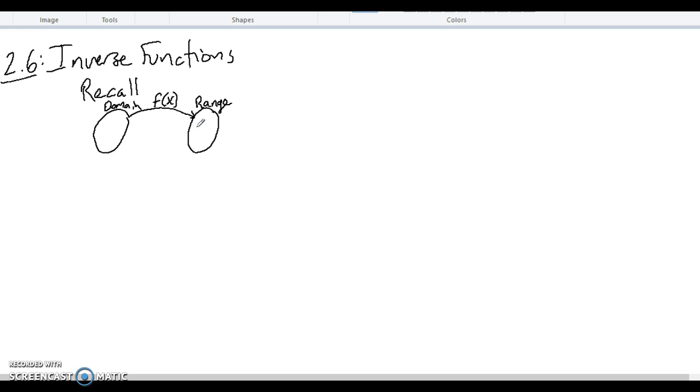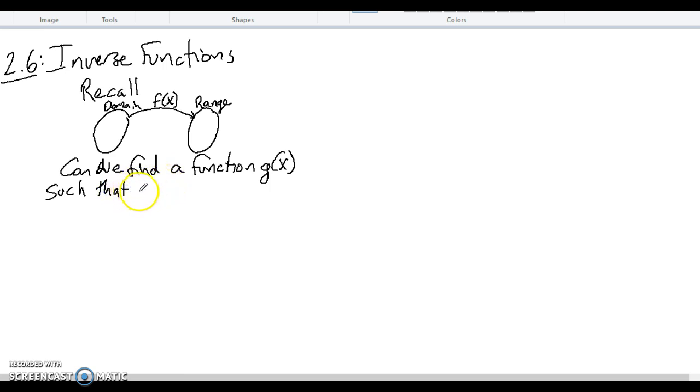The goal of inverse functions is, can we find a function, we'll call it g of x, such that after we run f, g will take us back where we started.